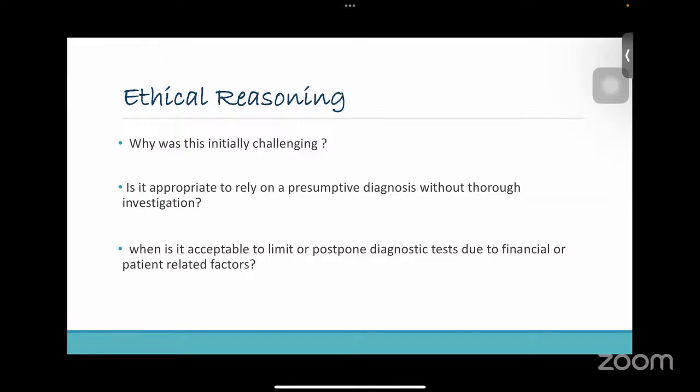We have to tell the patient about the potential risks and ensure that decisions are made collaboratively. And in cases where testing is essential to rule out serious illness, efforts should be made to find an alternative pathway, such as public funding, staged testing, or referral to a higher level of care.